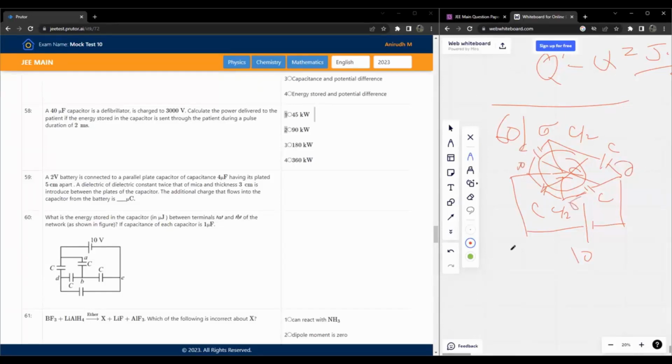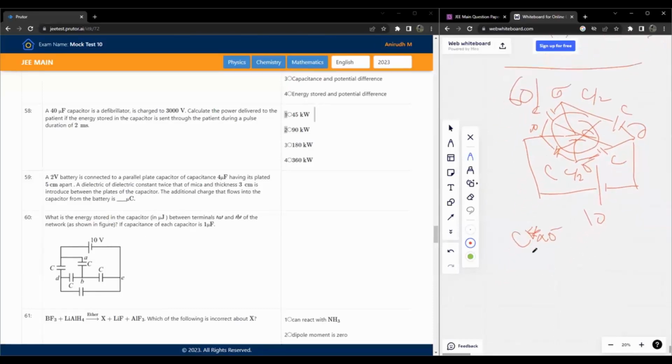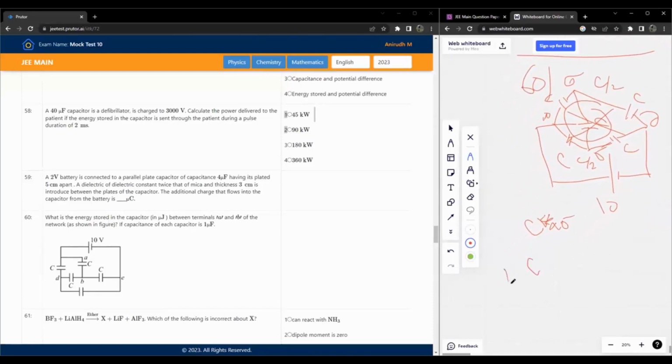So basically, we are going to have a charge of C times 5, and since C is going to be 1 microfarad, you have an energy of half CV squared, half into 1 into 5 squared. That is 12.5 microjoules, right? That's your answer.